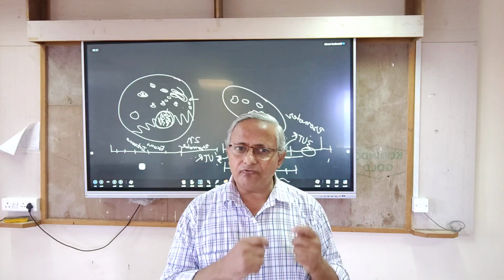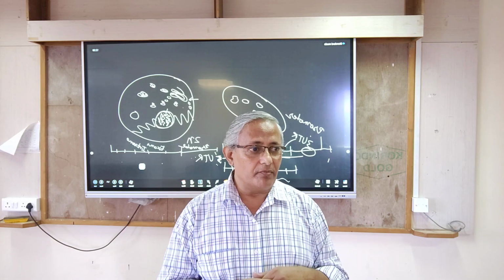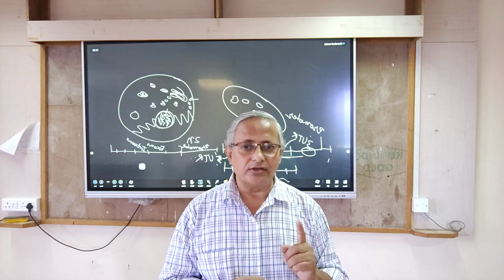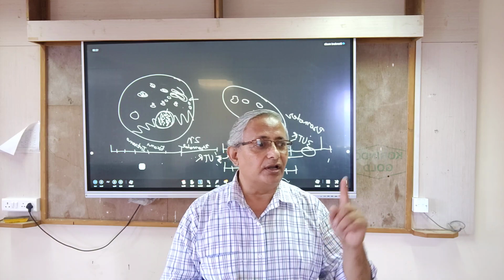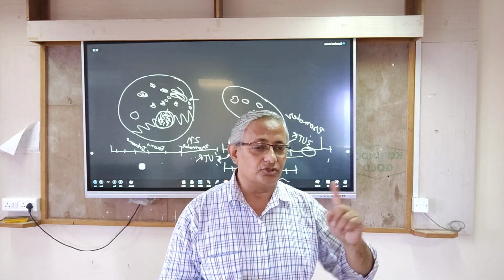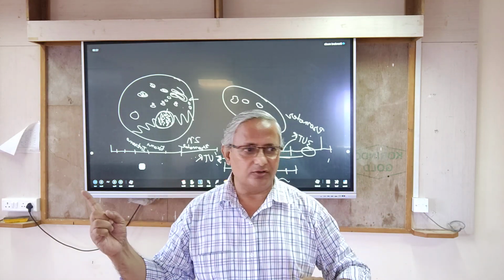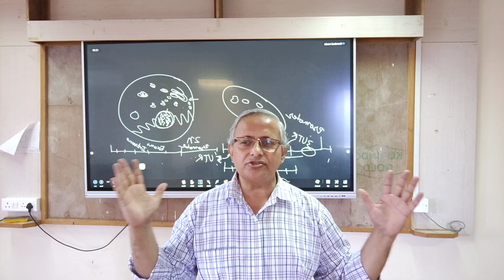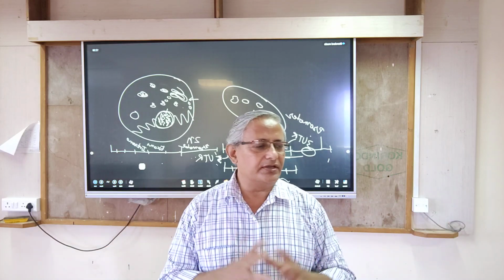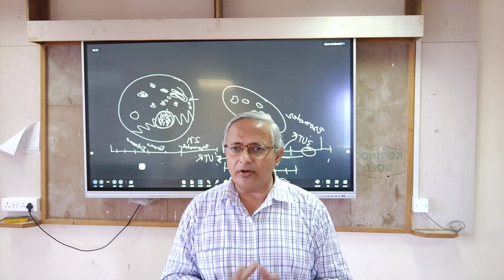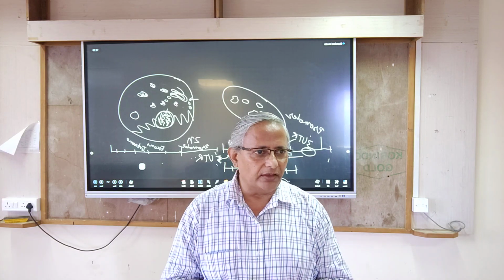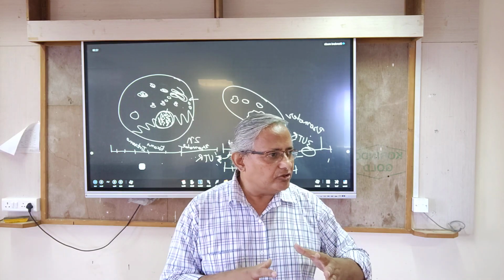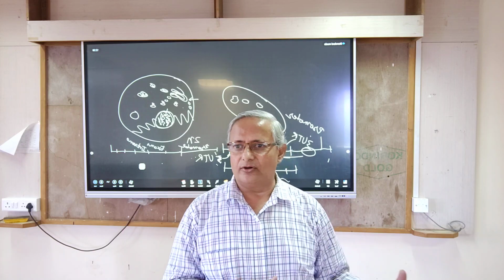And why do you require that fine control? You remember, prokaryotes cannot become multicellular, whereas eukaryotes can go into multicellularity. That's the biggest difference. One of the very important events in the evolution of life was that it turned from prokaryotes to eukaryotes.